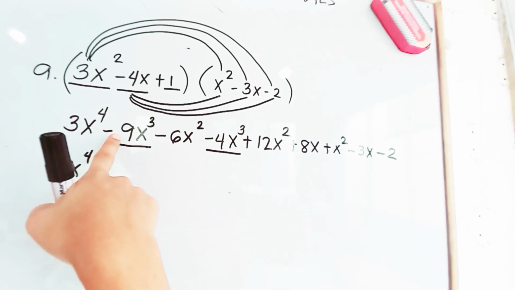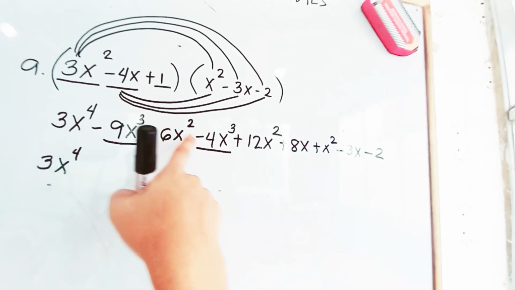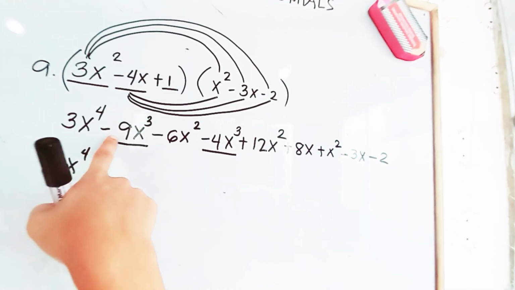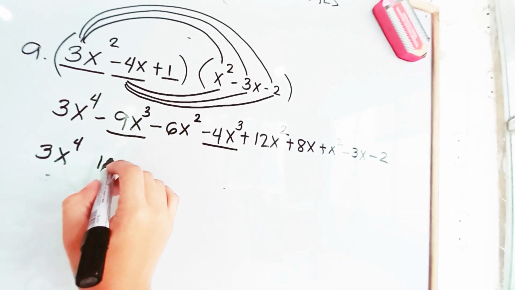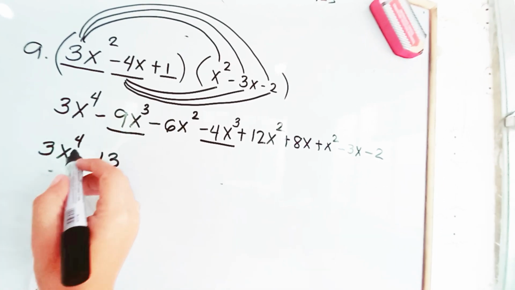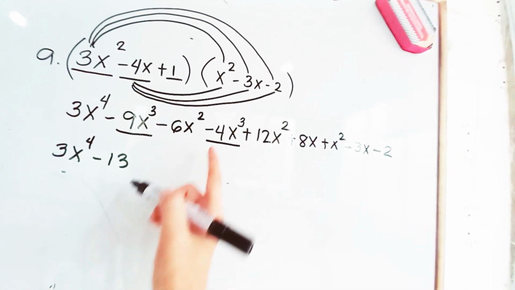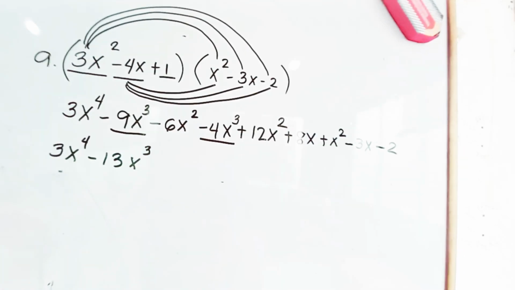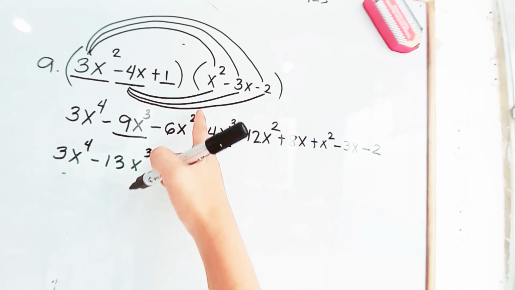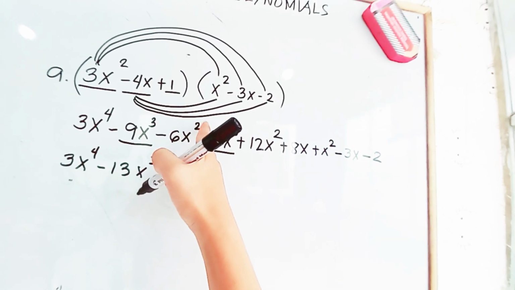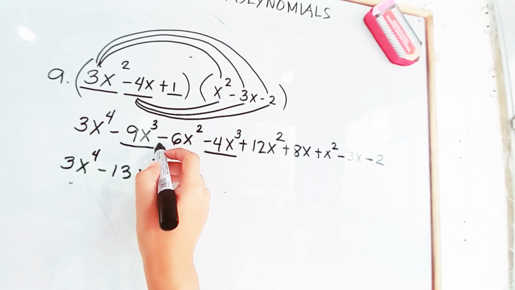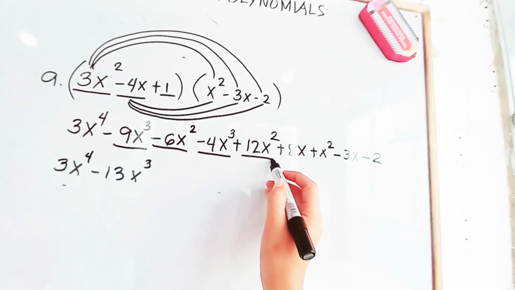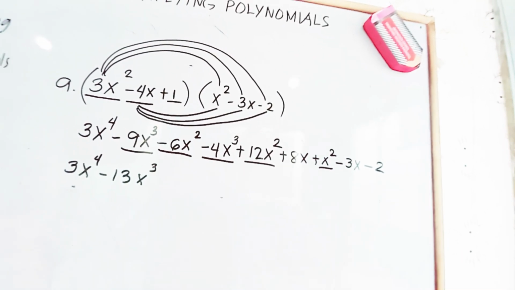So negative 9 and negative 4, they have the same sign. So we can add the absolute values. 9 plus 4 is 13. And then just copy their negative sign. Copy the x cubed. Okay? Let's proceed to the degree of 2. So negative 6x squared, and then 12x squared, and then x squared.